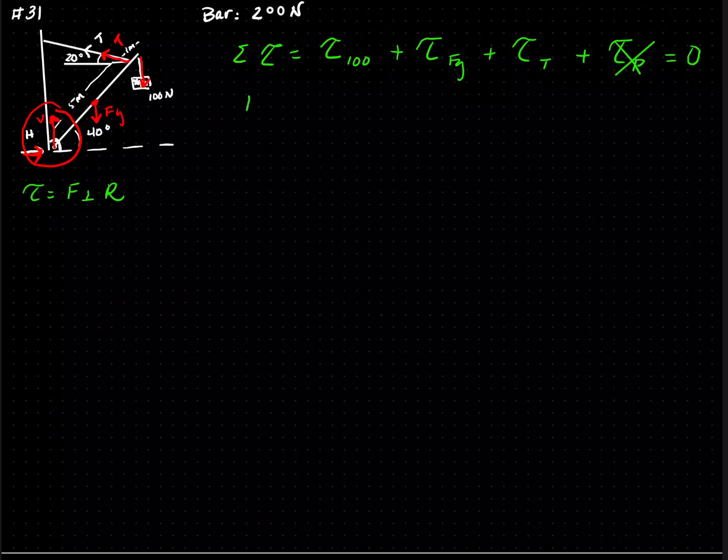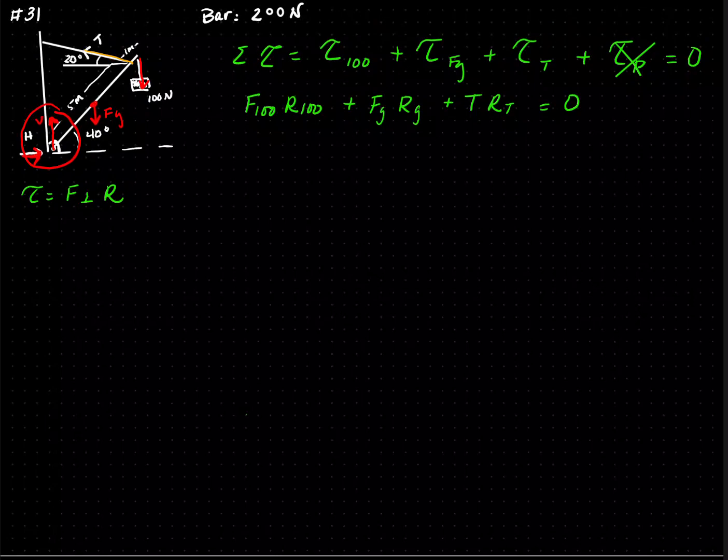That's going to be force of 100 newtons times R of the 100 newtons, plus the weight times the R of the weight, plus the tension times the distance of the tension, equals 0.